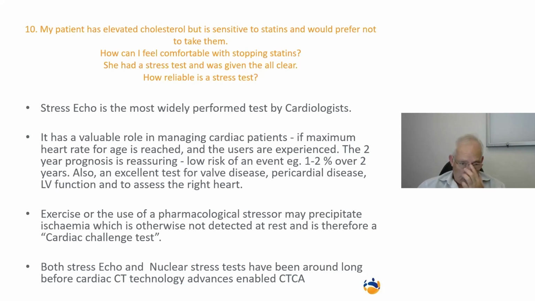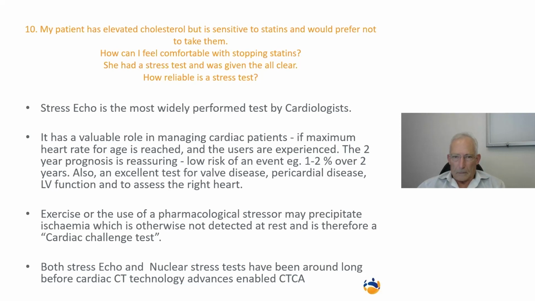If the patient has a positive stress echo, it's a very, very specific test for that. But that means that there is significant coronary artery disease and the patient is heading to the catheter lab for intervention.